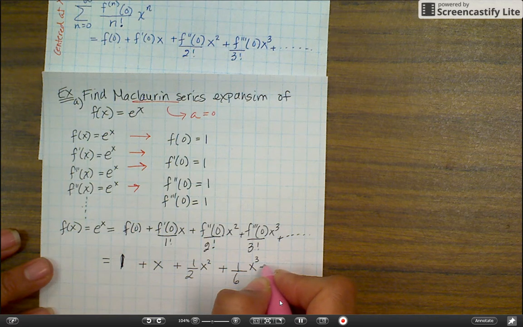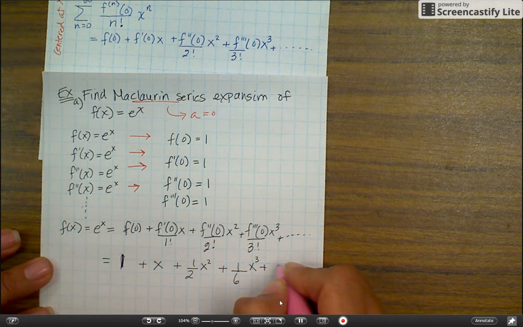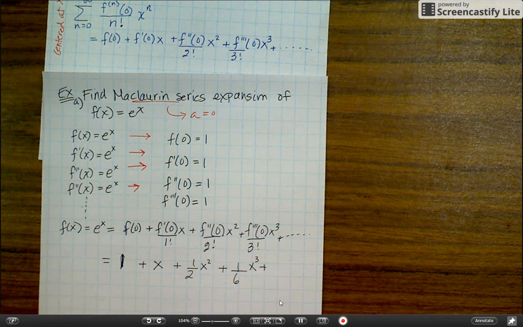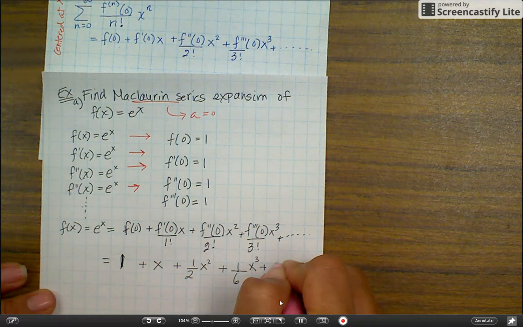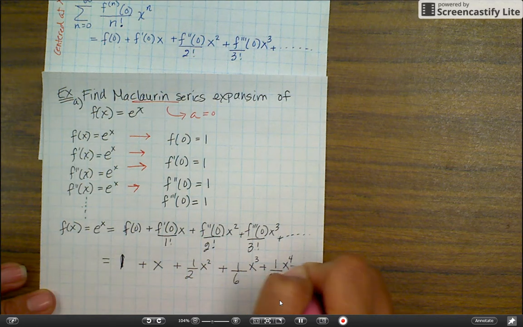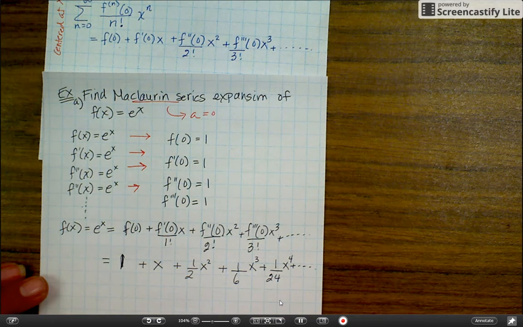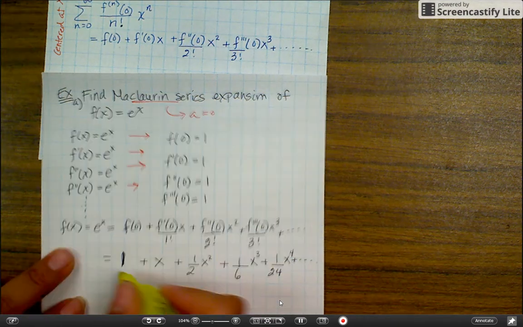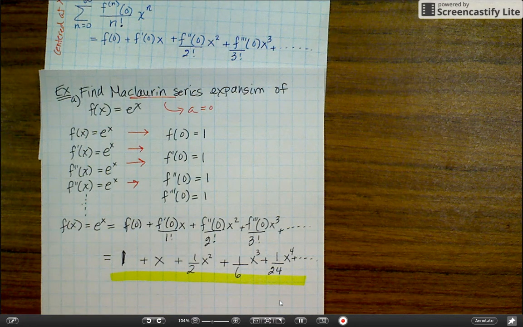Plus, let me do the next one. This is going to be 4 factorial. What's 4 factorial? 24? 1 over 24 x to the 4 plus dot, dot, dot, and so on and so forth. So that is the answer to the question. This is the expansion.